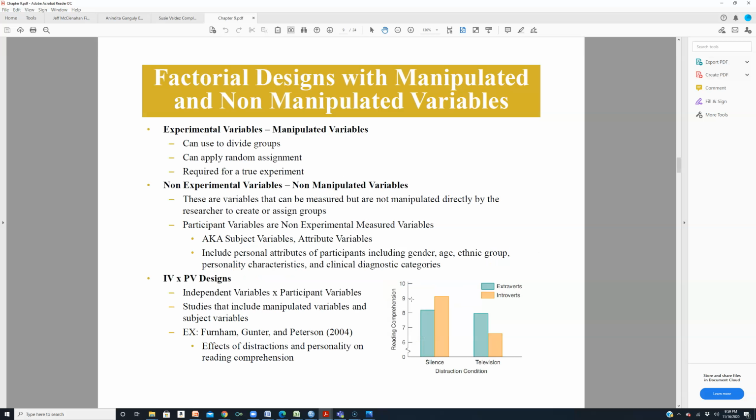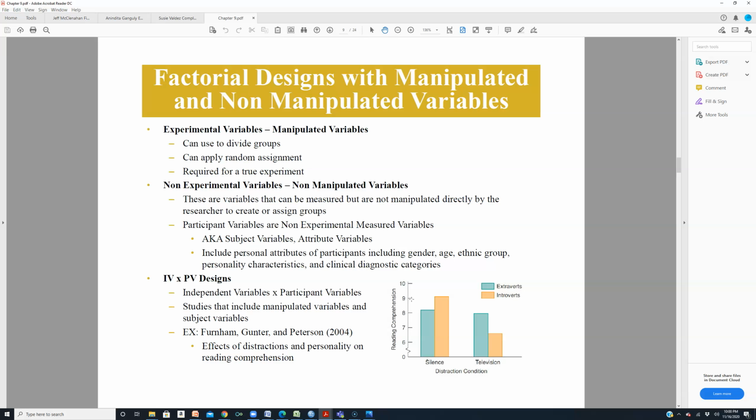Okay, so when we're talking about factorial designs, they can have either manipulated or non-manipulated variables or some combination thereof. Remember, a manipulated variable is an experimental variable. I decide as the experimenter how I'm dividing up the groups, what level of treatment they're getting, and I'm randomly assigning who's in which group.